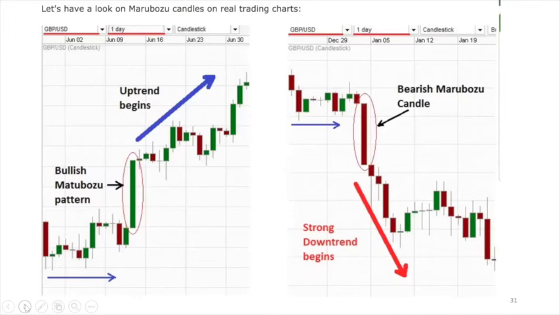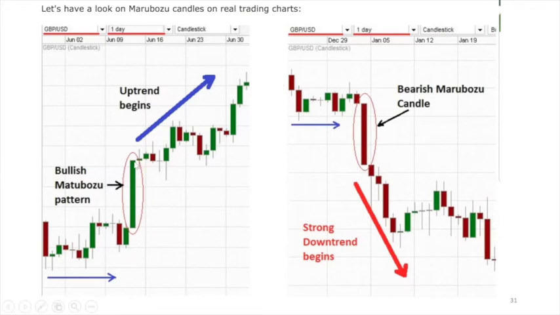Okay, you saw this one. This is an example. You can see in this candle, did you see? This is called a bullish Marubozu pattern. What happened? Price went up. When you get this particular sign, that's an indication, a very good signal, that the price is going to carry on bullish.